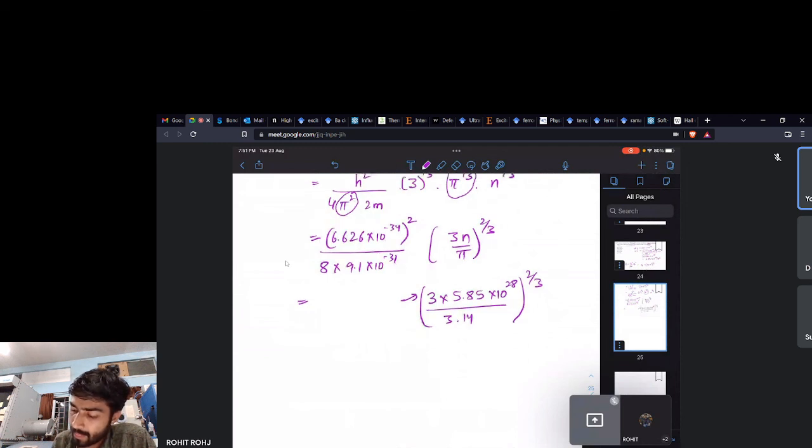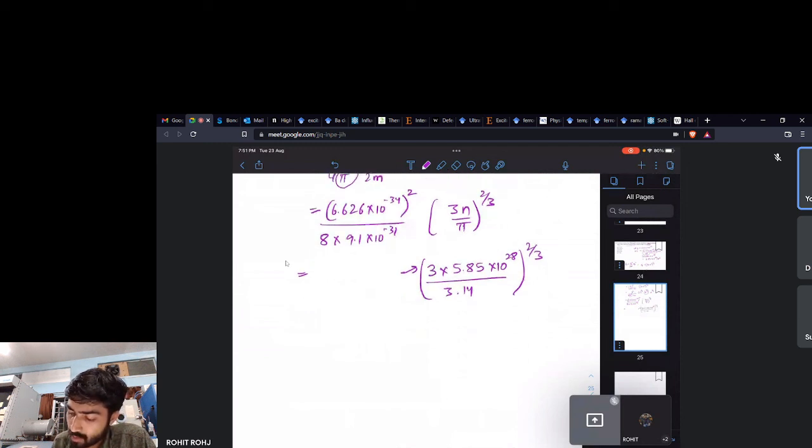Okay, this gives me 5.589, because 3 and 3.14 are almost equal, and since it is just greater than 1, the value will be just less than the initial value, into 10 to the power 28, raised to the power 2 by 3.